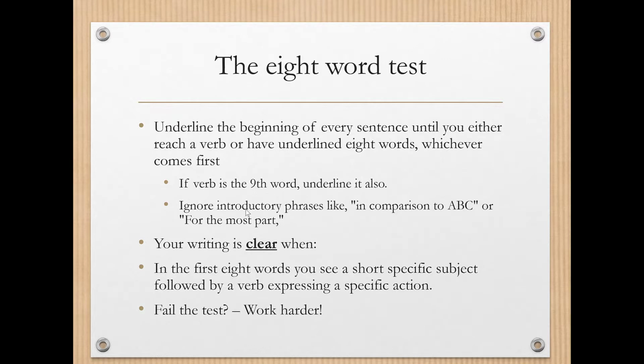This is better off for you to actually look at your work writing, look at those sentences, learn to recognize subjects, whole subjects, simple subjects, learn to recognize verbs, and practice this 8-word test because it's a good tool that lets you know that your audience appreciates what you're trying to say. Your audience understands what you're saying and your writing is clear.